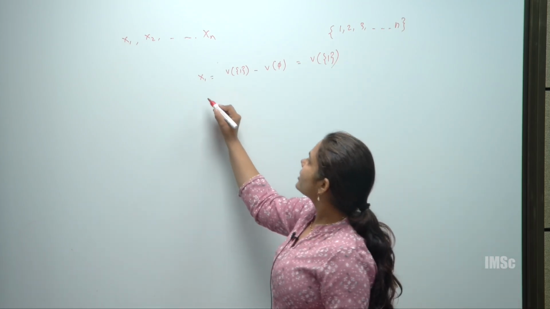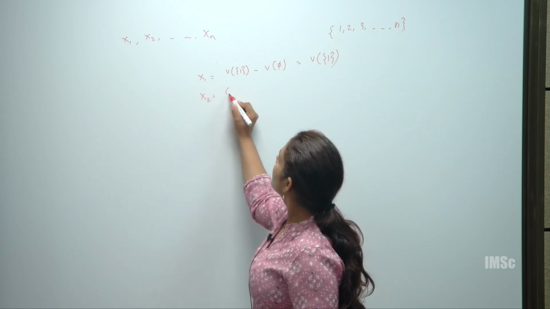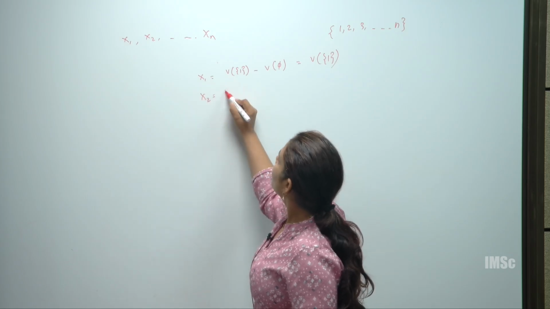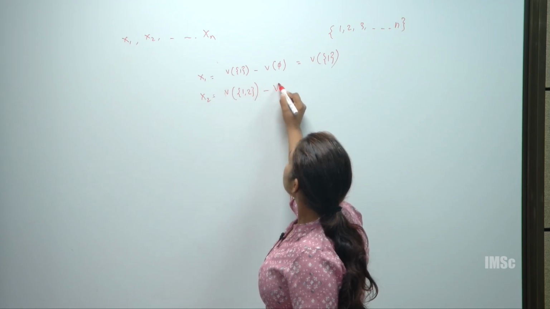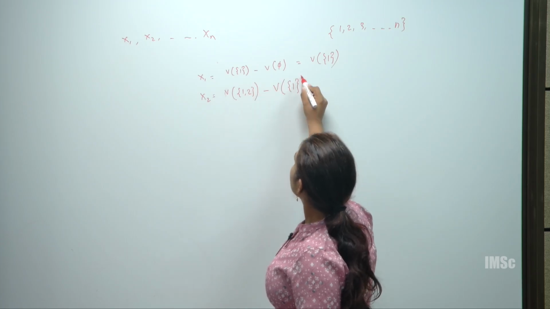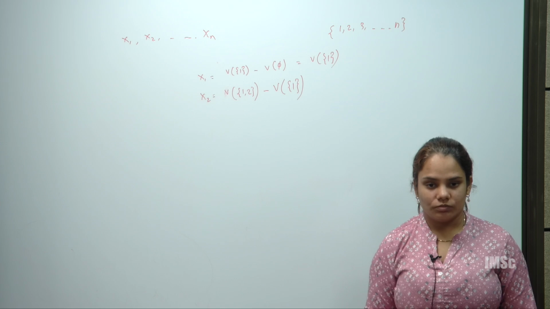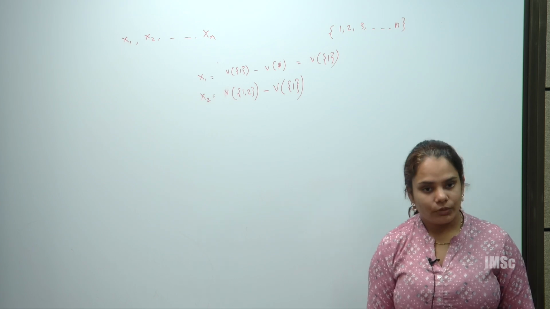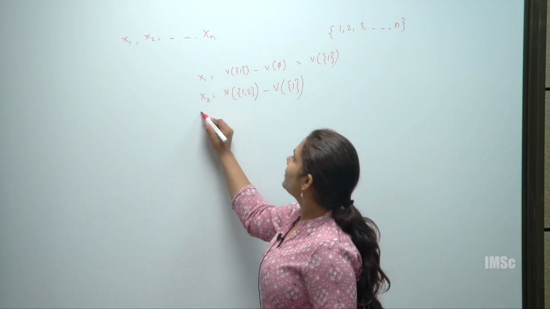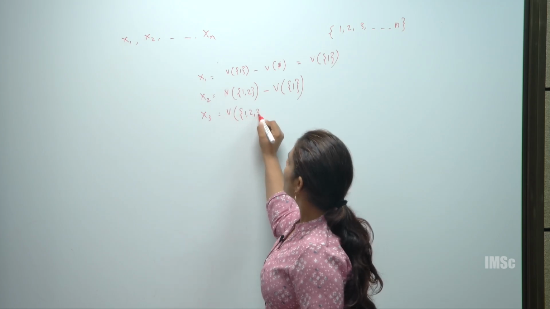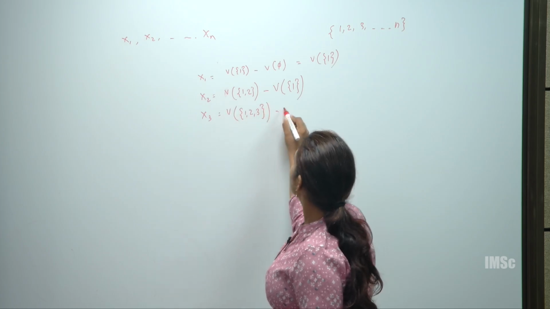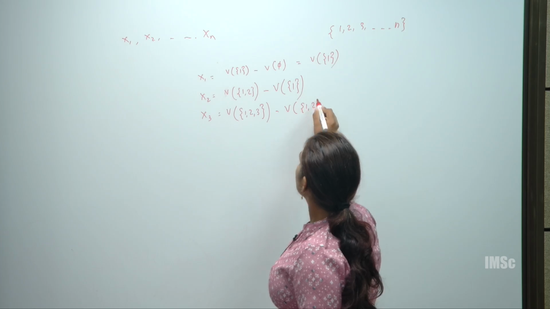Okay. My x2 will be v of {1,2} minus v of {1}. This will be my x2. Okay. My x3 will be v of {1,2,3} minus v of {1,2}.